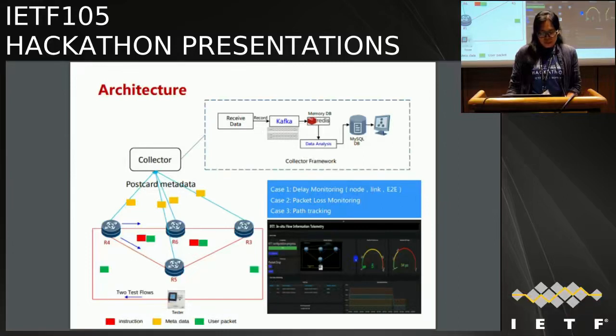At first is the delay monitor for each node and link, and end-to-end. We can see this on the right of the panel. Case 2 shows us the packet loss monitor, just the 5 packets lost. And the last case is the path tracing.